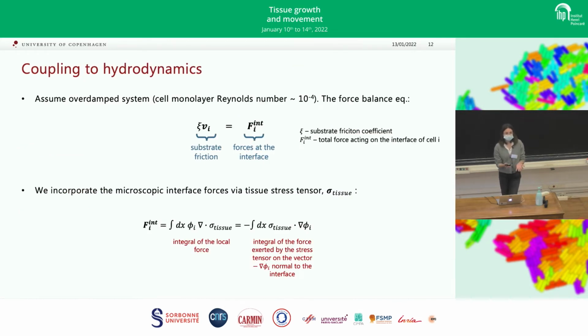Having defined the interface of the cell, we couple it to the hydrodynamics. So we assume an overdamped system where we have a force balance equation. So we have substrate friction on one side and the forces at the cell interface on the other side. And we incorporate the forces at the interface using the stress tensor sigma.